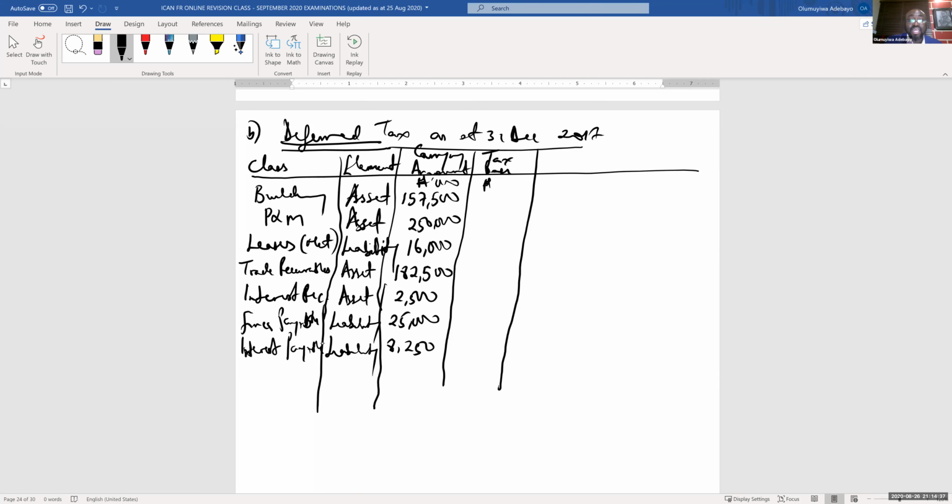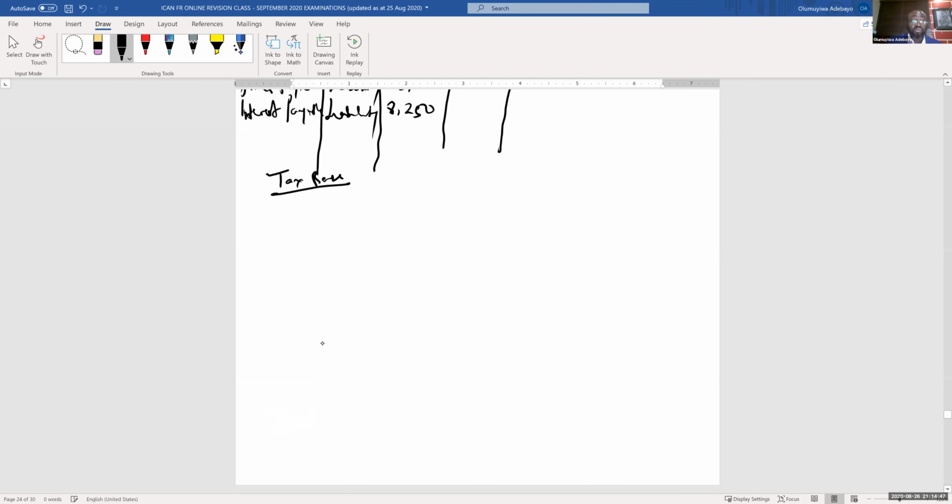Now, what is the tax base of the building? The tax base of the building is simply the cost less capital allowance. What was the cost of the building? 175.